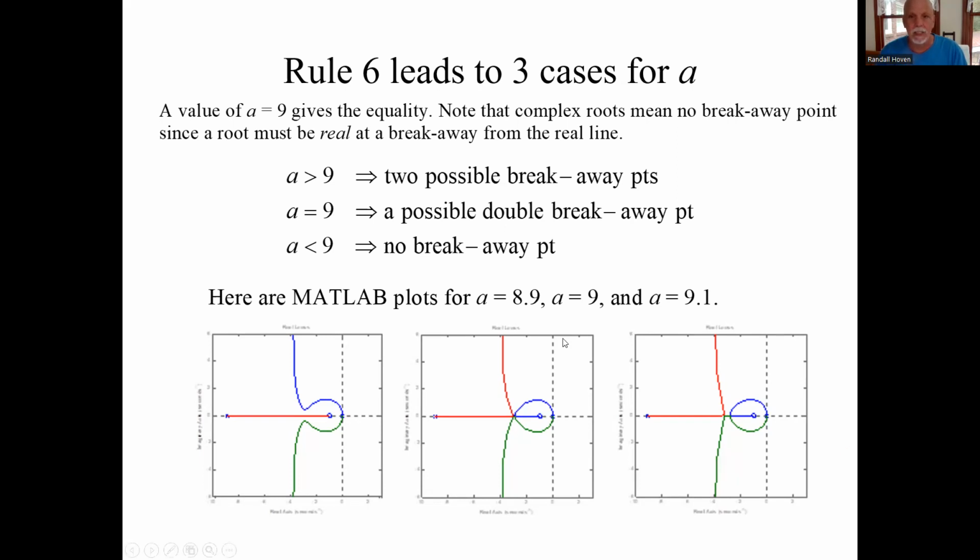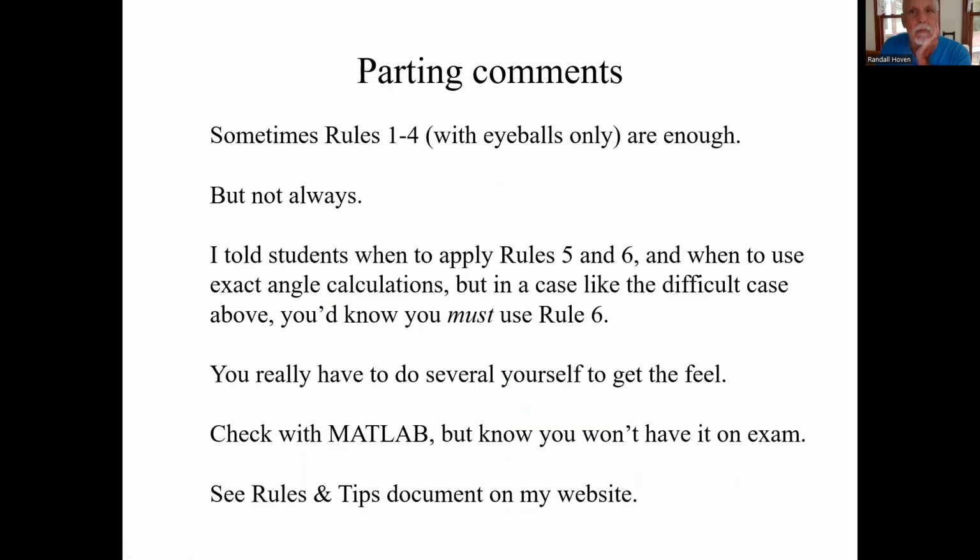And these were not 4 different cases of numbers. You get 3 totally different things there. That's all I'm going to do on sketching root locus by hand. Let me see what we've got here. Remember, I had 6 rules.